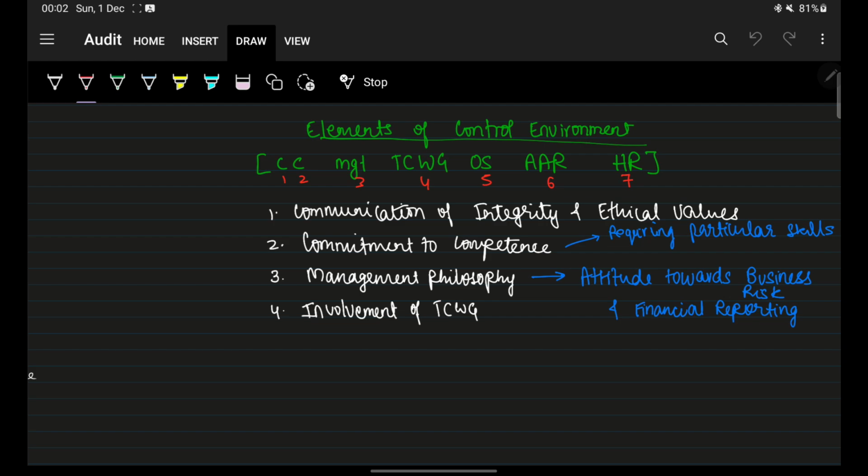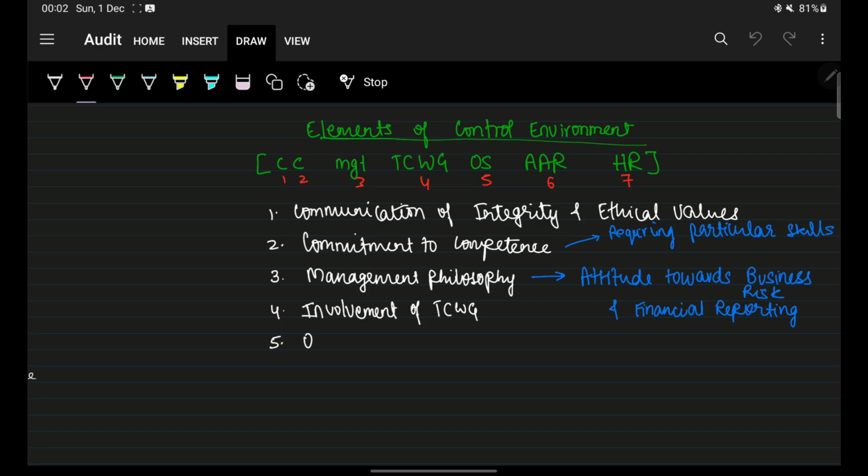How much involvement does TCWG have? How much information do they have? And basically the independence from management, right? Have they given independence to the management, or are they controlling the management, and are they controlling certain control activities, right?